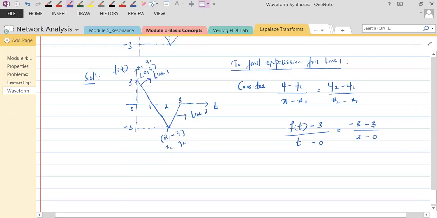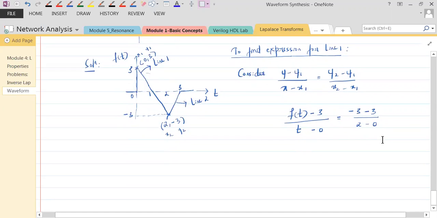If you work this out, you get the equation for the line as f of t equal to 3 minus 3t.